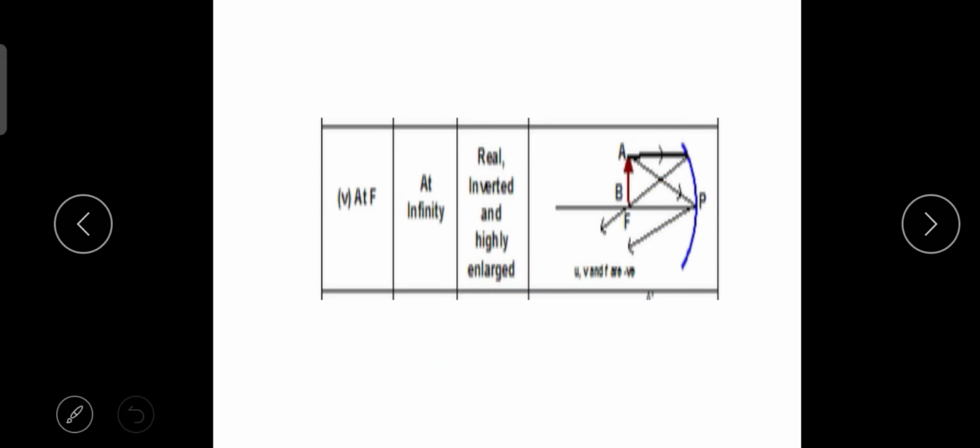And what will be the nature of the image formed? It will be real because it is formed in front of the mirror, and it will be an inverted image. At infinity you can draw like this.